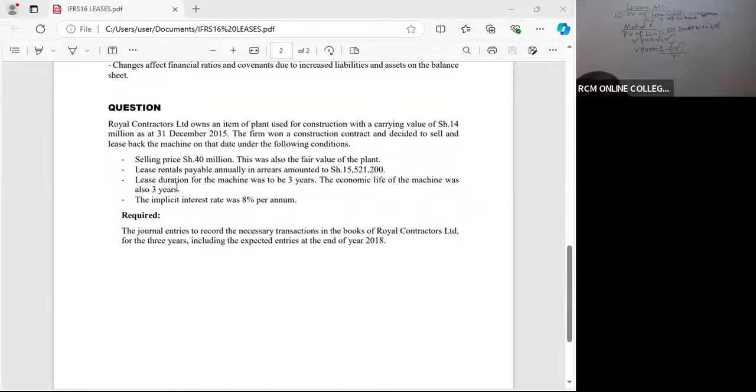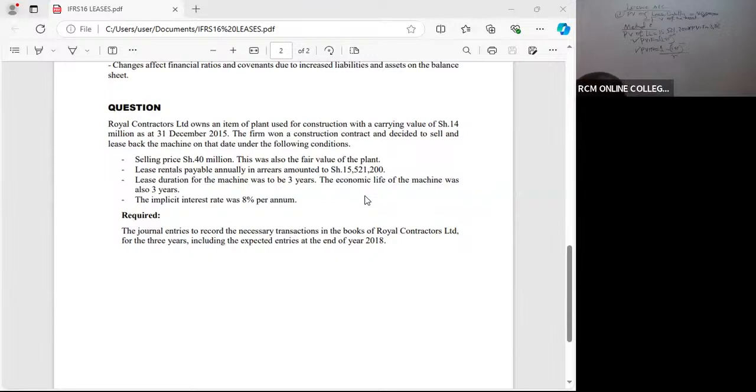For example, you are given a lease duration of 10 years, but you realize that the economic life of the machine is 7 years. Whenever it comes to discounting, even depreciation, we shall always be working with the lower. I shall come to that, but for now the lease duration is 3 years and the economic life of the machine is 3 years. So no worries for now.